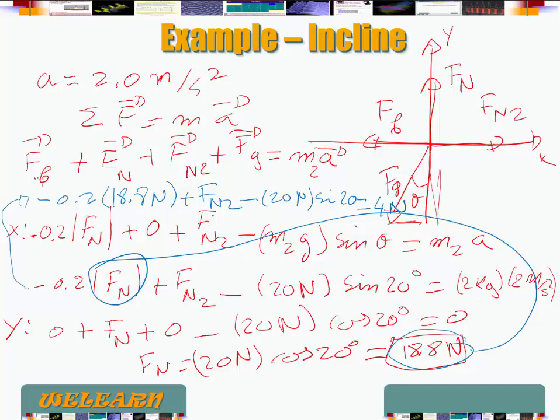Okay. The only unknown there is Fn2, so we just rearrange, move everything else to the other side.